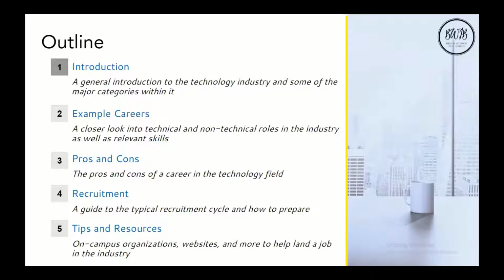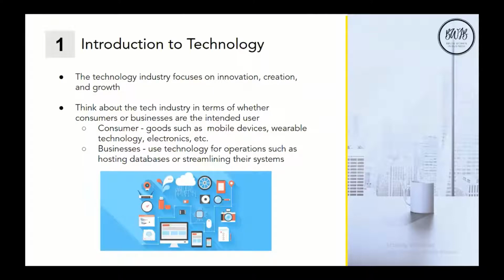So we'll start with the introduction. Technology is a pretty broad term. Usually it's used to describe the industry that is focused on innovation, creation, and growth. And there's a lot that can go into technology. A good way to think about the tech industry and break it down into something a little bit easier to understand is splitting it into businesses and consumers in terms of who the user is.